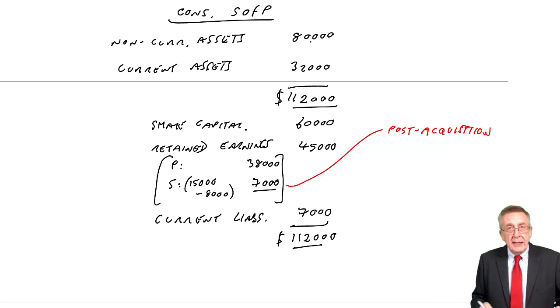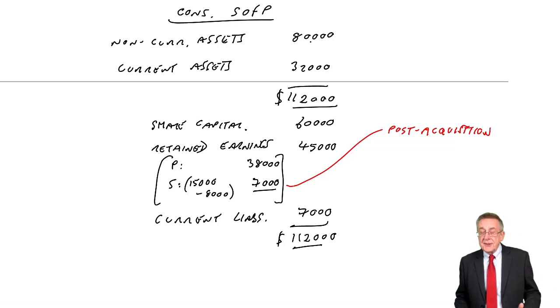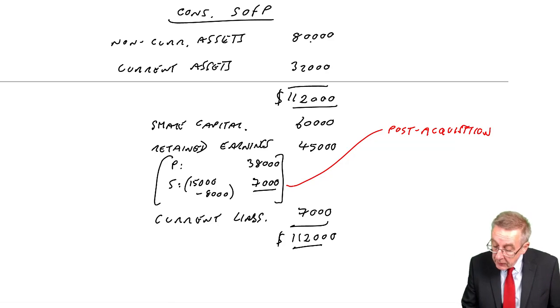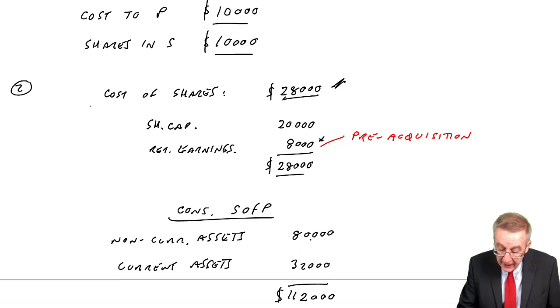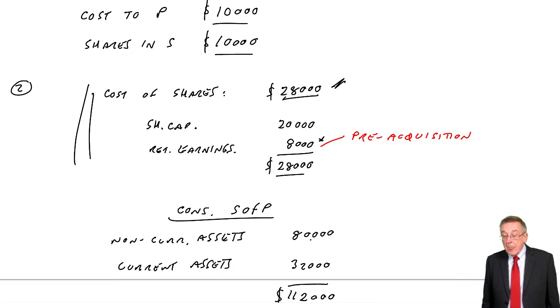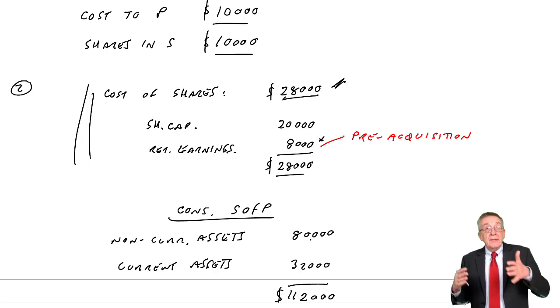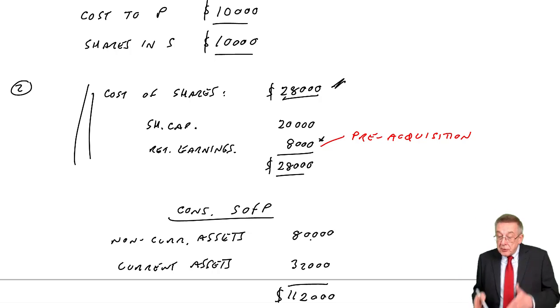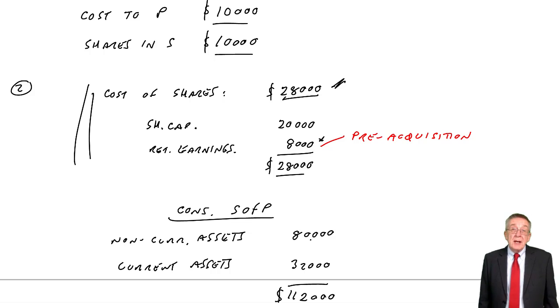They were already incorporated, they'd already had earnings in the subsidiary. And see what I've done. The amount we paid for the shares, or P paid, they were paying for the share capital and the pre-acquisition retained earnings, the amount that had already been earned at the date of purchase.